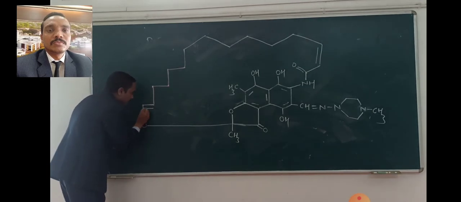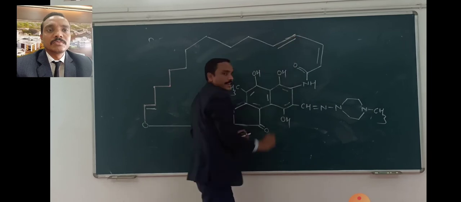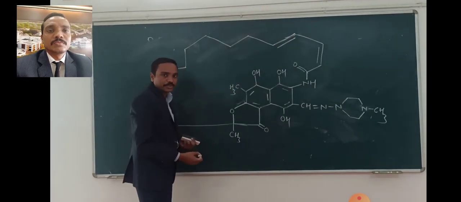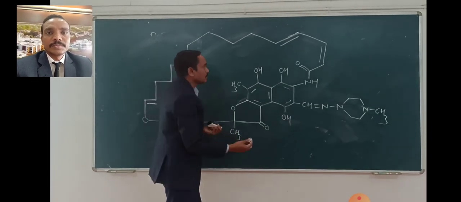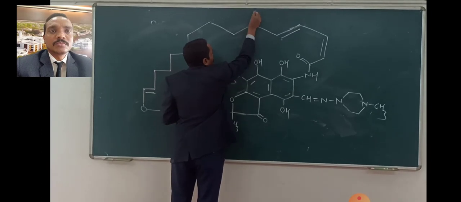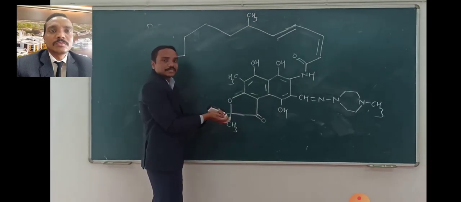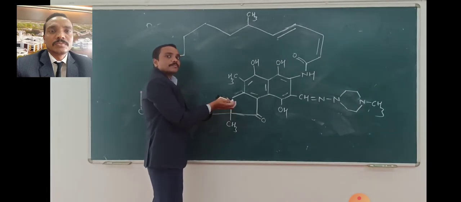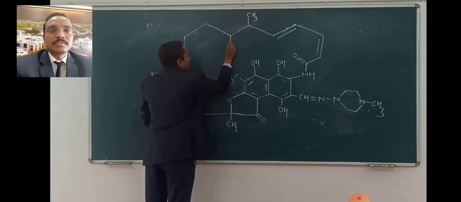Afterwards, here will be the bond connected to this. The bond is here. Then go for different substitutions. Now we have this skeleton nucleus. Now go for substitution of this. Except for this, over here you just place methyl groups, and then there is an alternate system like what we have seen for the macrolides. CH3, OH, CH3, OH.